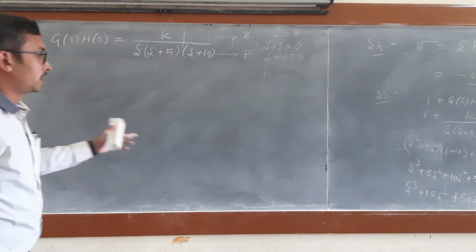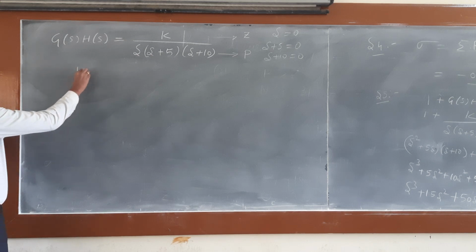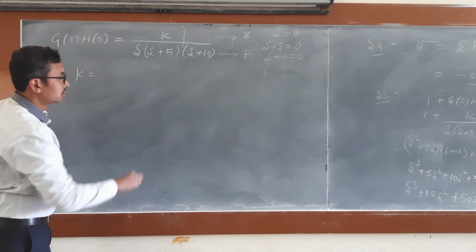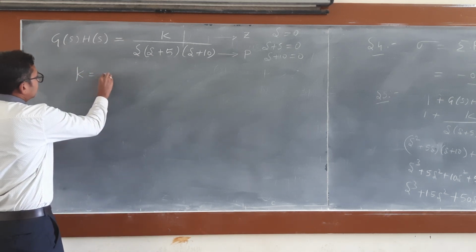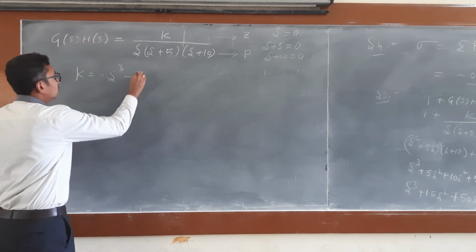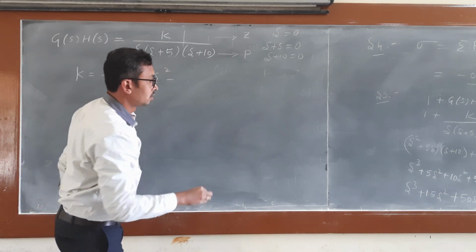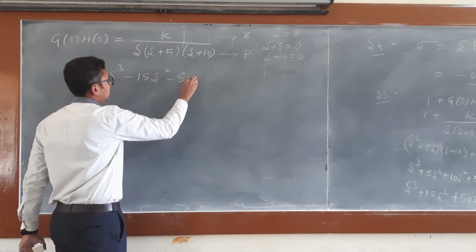So now, what is the value of k? So k will be equal to minus s cube minus 15s square minus 50s.